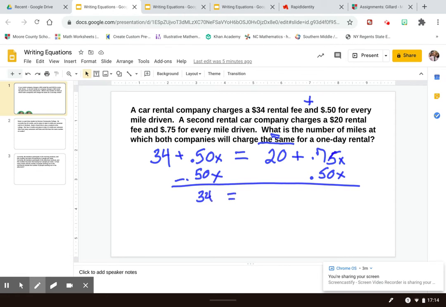So now I have 34 equals 20 plus, and so 75 cents minus 50 cents is going to be 25 cents X. Okay. So then the next thing I do is move my 20.